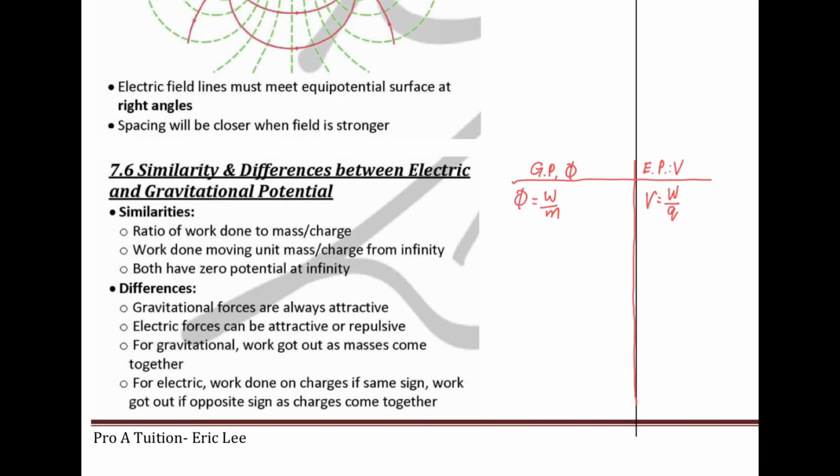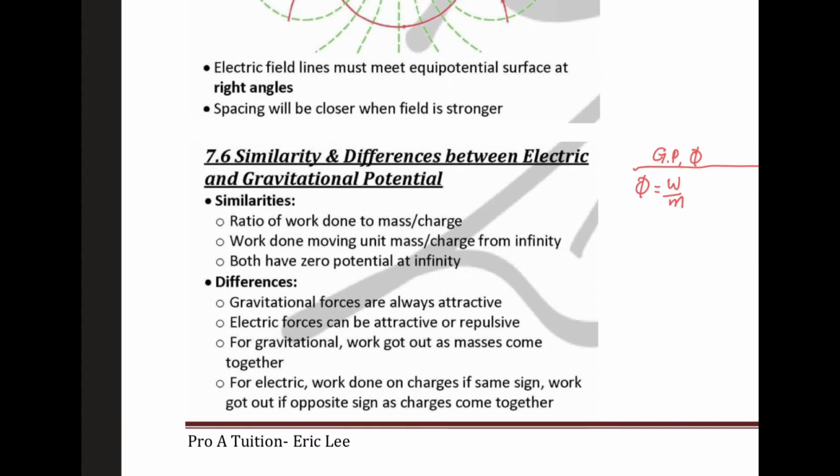Gravitational potential is the work done in moving a unit mass from infinity to a point, whereas the definition of electric potential is work done in moving a unit charge from infinity to a point. So the second point here, what they are trying to say is they have a similar definition.